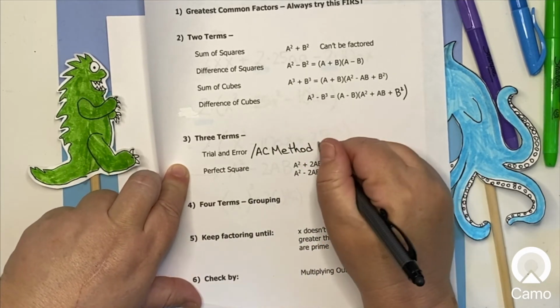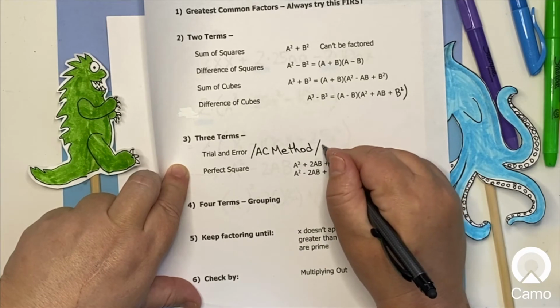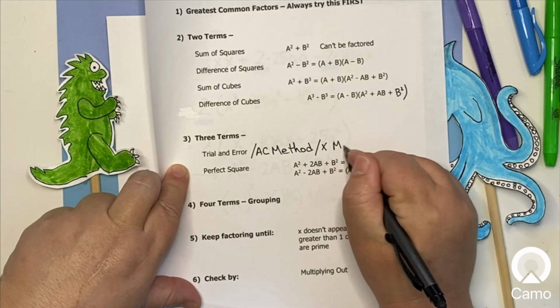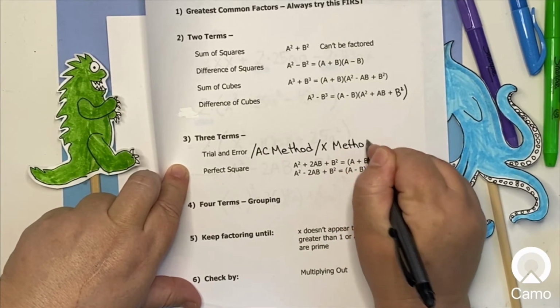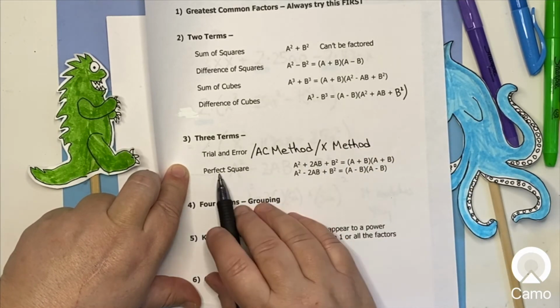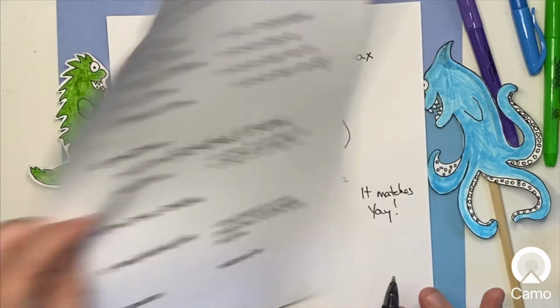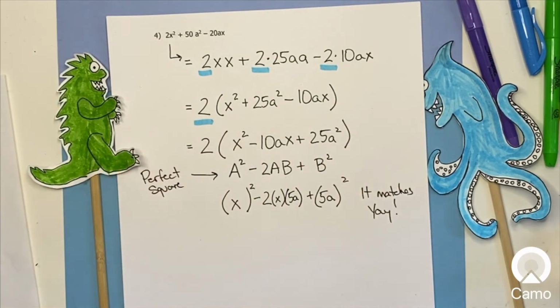And then also, I have a video that I haven't been able to post yet because YouTube and I are not getting along right now, but I hope to get it posted soon, and that's something called the X method. So we've got 3 possibilities here. If it's not a perfect square, then you go to one of these methods to factor. But in this case, we do have a perfect square.